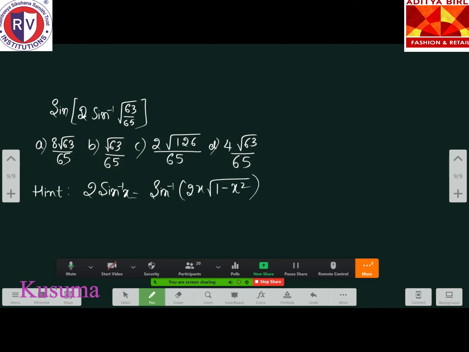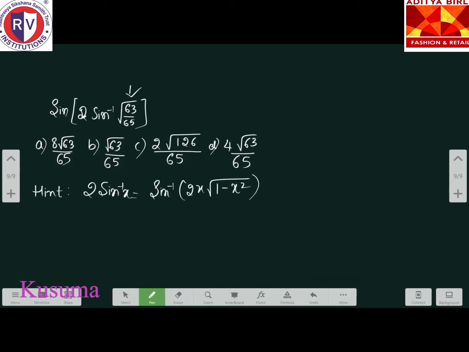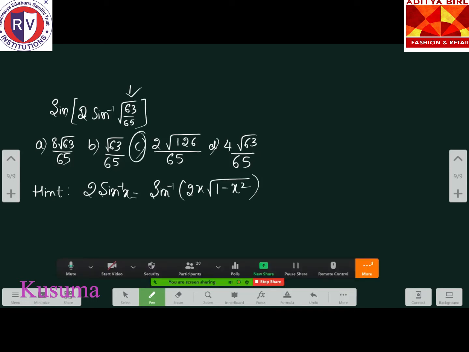The value of x here is root of 63 divided by 65. Just substitute the value wherever x is there and simplify it, and you must get 2 into root of 126 divided by 65. You should get this answer.